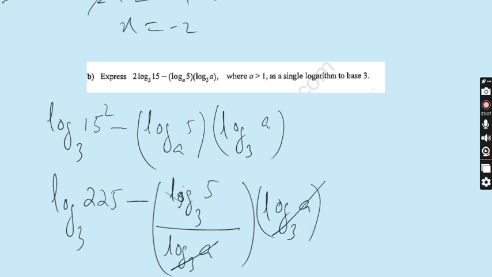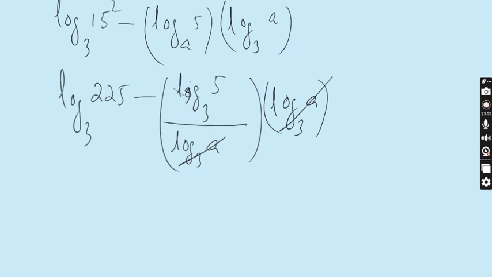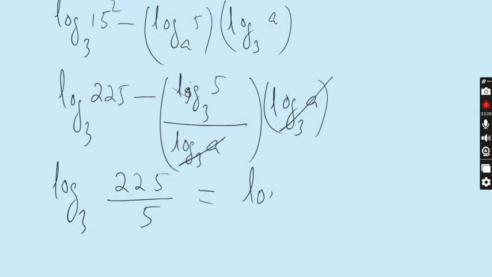This log 3a cancels with this log 3a. And convert negative into fraction. So 225 upon 5, log 3. 5 fours are 20, 5 fives are 25. So it is 225 upon 5 is 45.